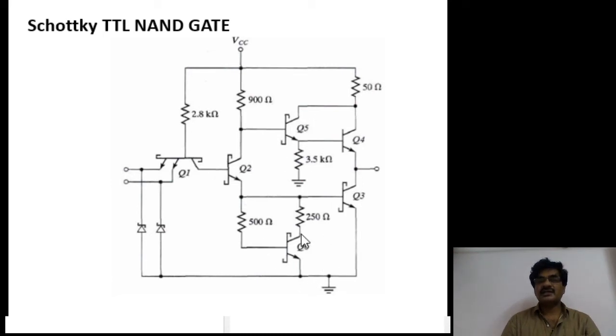Whereas Q6 is used to avoid negative excursions. The rest of the operation is the same as the totem pole NAND gate. In addition to these two transistors, two more diodes are used at the inputs of the gate.